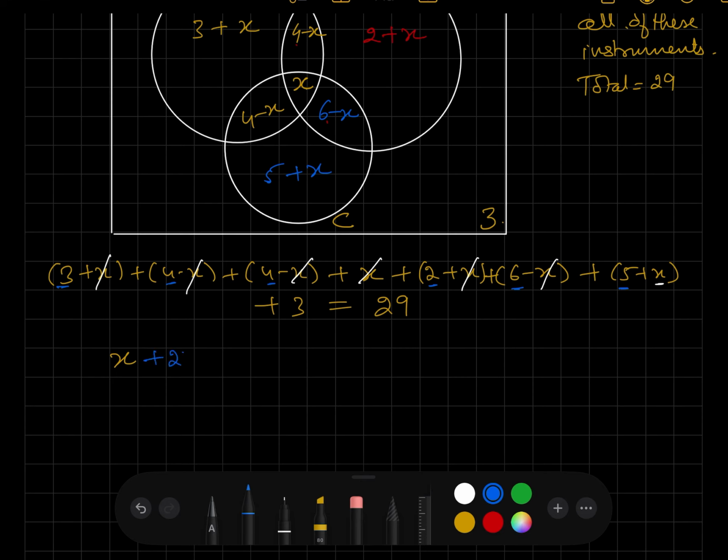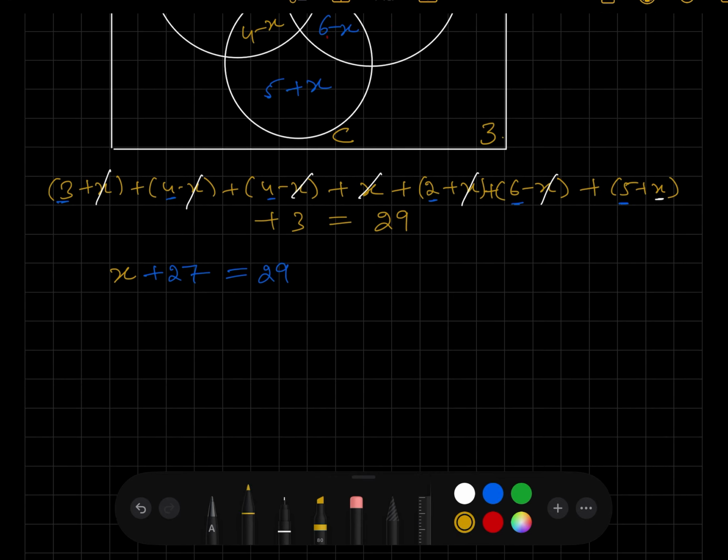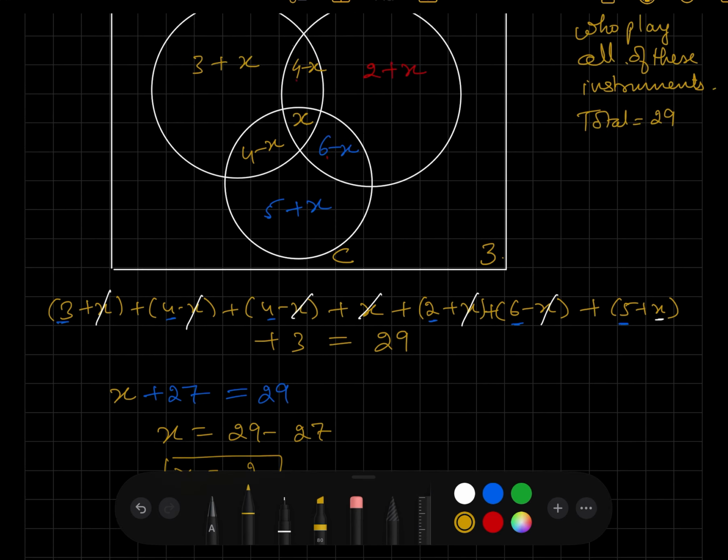So x plus 27 equals 29. What is my x? x is 29 minus 27, so x is 2. The number of students who can play all the instruments is 2.